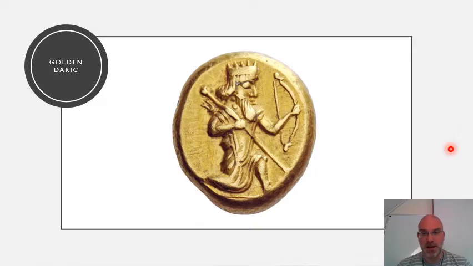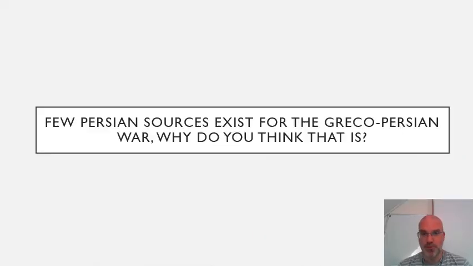So is it quite hubristic in a sense to put your image on a coin from a Greek perspective? Maybe some Greeks do it, but I think the Athenians wouldn't have. So an interesting thing to consider.